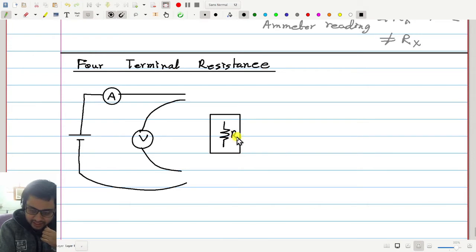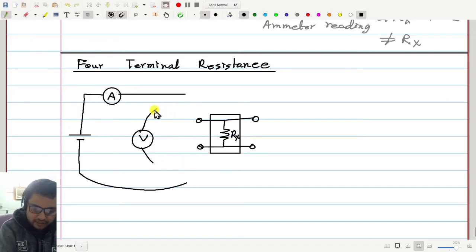This Rx is inside, and from here we will get 2 terminals out, and from here we will get 2 terminals out. Inside here we have a joint or a connection, but that is a fixed joint inside the box, permanently soldered. So here nothing is going to change. But these screws are meant to be connected with external circuits, and we will connect things like this.